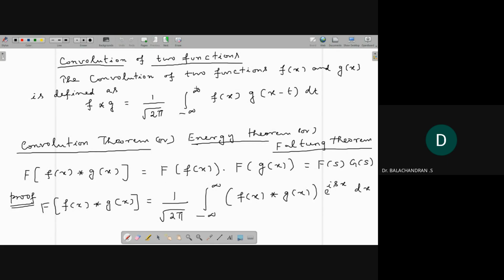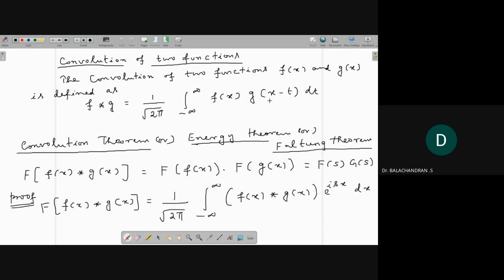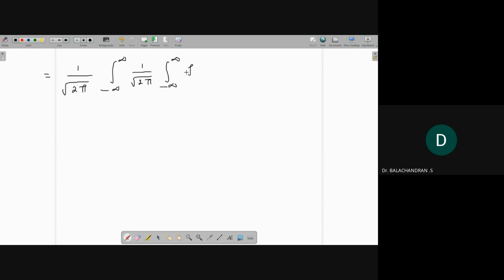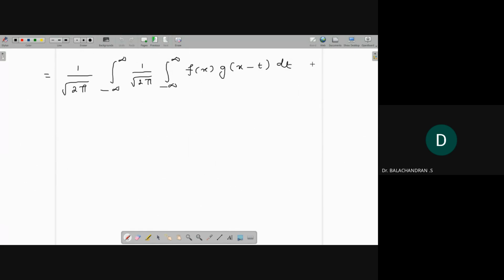Again 1 by root 2 pi, integral from minus infinity to plus infinity, f of x into g of x minus t into dt, and then we have e power isx into dx. Okay. Now, first you are integrating here with respect to t and then with respect to what?